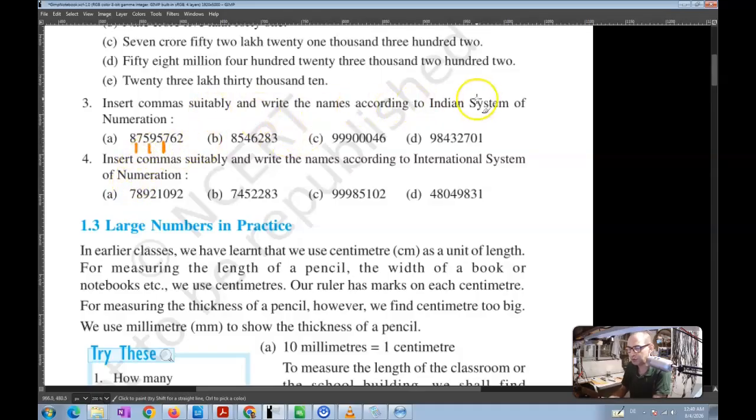And I'm doing this according to the Indian system of numeration. So that's the thousand, that's the lakh, and that's the crore. So then I have to write 8 crore 75 lakh.